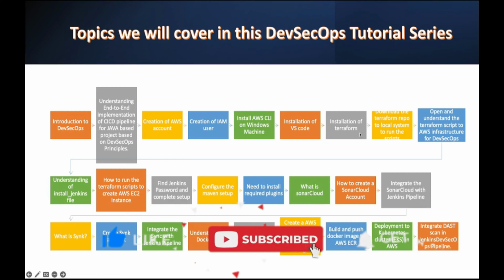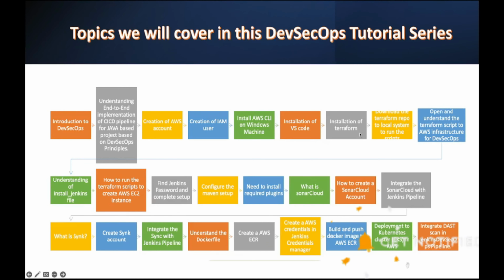Then we will download a repo in which I have built all the scripts you need. You need to download it to your local system and practice those things. After that, we will open those scripts in Visual Studio Code and understand each and every step written in the Terraform scripts to implement our AWS infrastructure for DevSecOps.